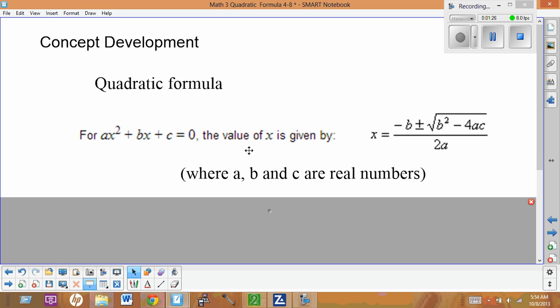If it looks like this, then we can say this: x is equal to the opposite of b plus or minus the square root of b squared minus 4ac, all divided by 2a, where a, b, and c are real numbers. So one more time, if it's in standard form, then we can solve for x by using this formula.